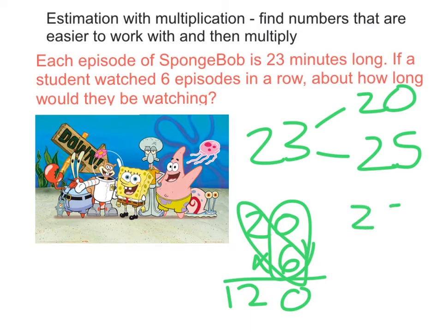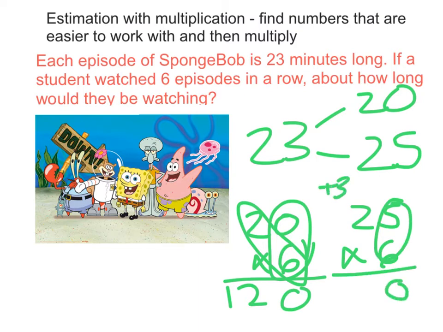Or 25 times 6: 6 times 5 is 30, that goes down, this comes up, and 6 times 2 is 12, plus 3 is 15, so 150. Now we notice there's a difference of 30 between our two numbers, 120 and 150, but either one would be reasonable.